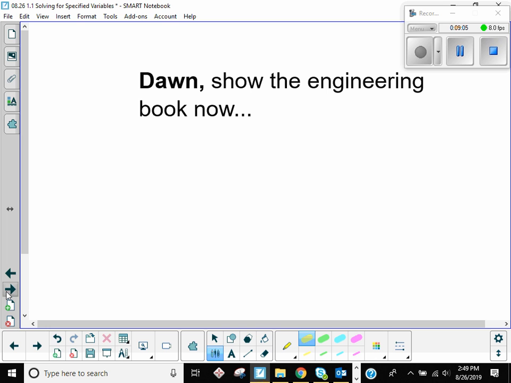But in this case, over here on this we will board, this is a volume formula. What variable is this already solved for? Meaning, which variable is already isolated and all by itself? The v, right? So this formula is solved for volume. But it's asking me to solve for what? H, which is height.